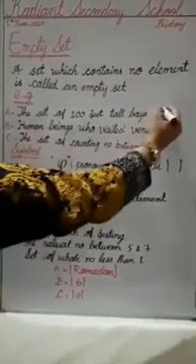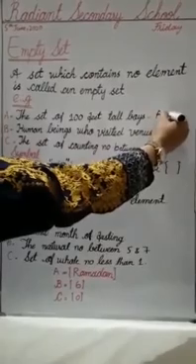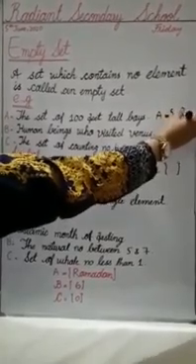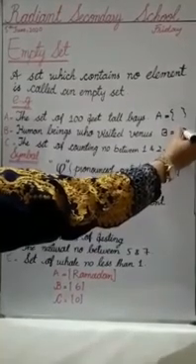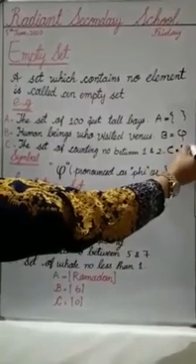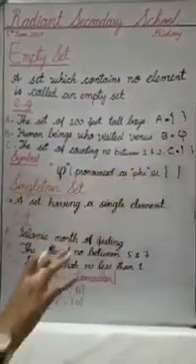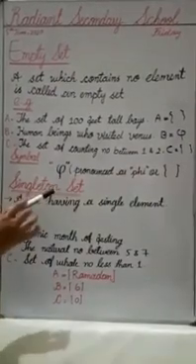Now, the answer of this, as I told you, these examples are empty. So for the answer, it will become A equals to empty set, B equals to phi. We will use one symbol at a time. C equals to again the empty set. These two mean the same.